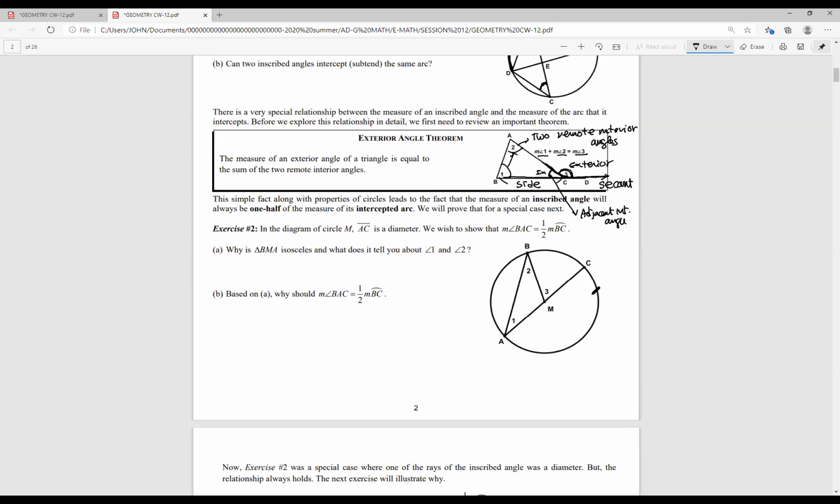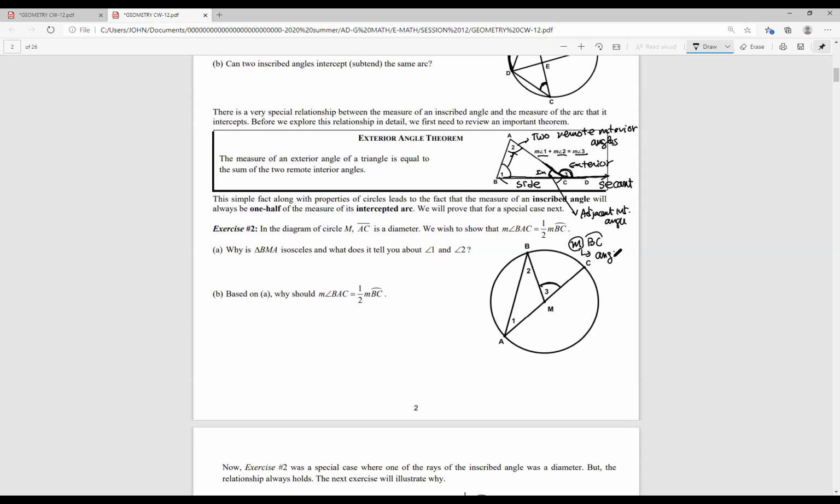That's it. The next one, we know that angle BAC is the center angle, right? Where is angle BC? Angle BC over here. This one is the measure of BC. This is the length of the arc, but this one means the angle.